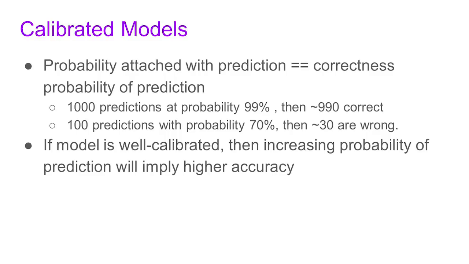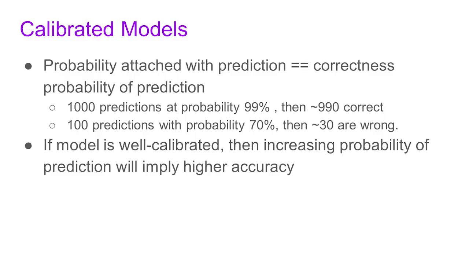As an example, if a calibrated model makes 1,000 predictions at probability 99%, then you expect roughly 990 of them to be correct. Likewise, if a model makes 100 predictions with confidence 70%, then you expect to find no more than 30 mistakes.